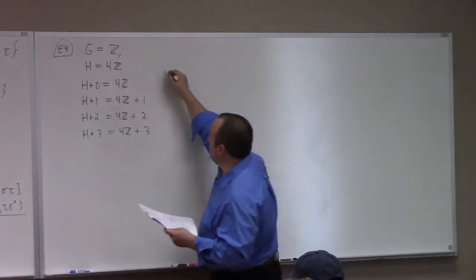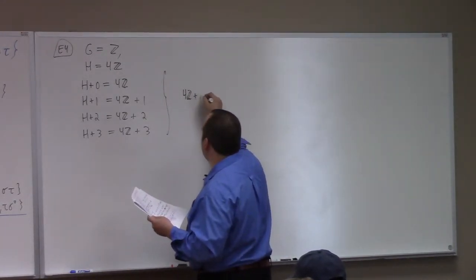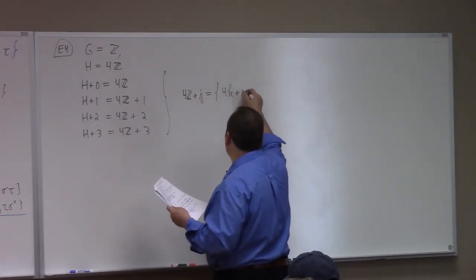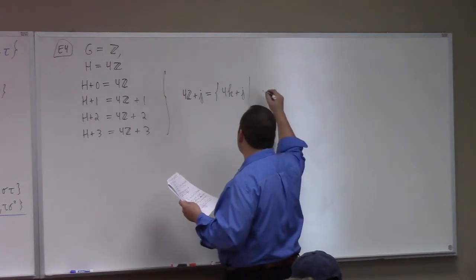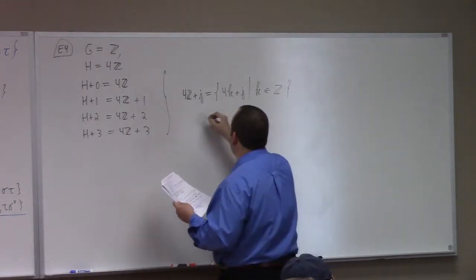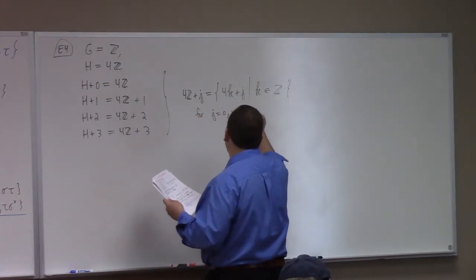Anyway, all of these, the notation is this. 4Z plus j is defined to be 4k plus j such that k is an integer, and this is for j equal to 0, 1, 2, and 3.